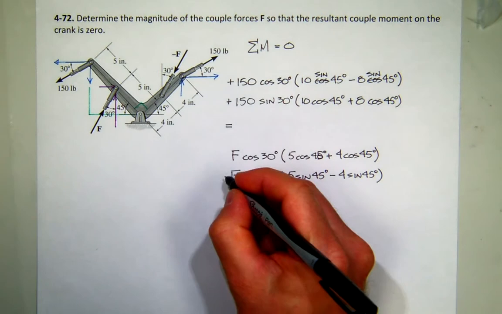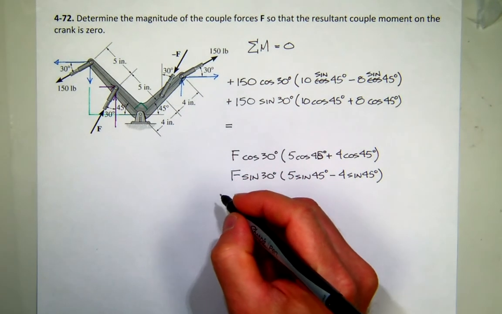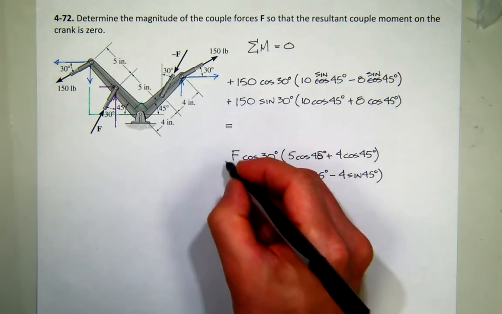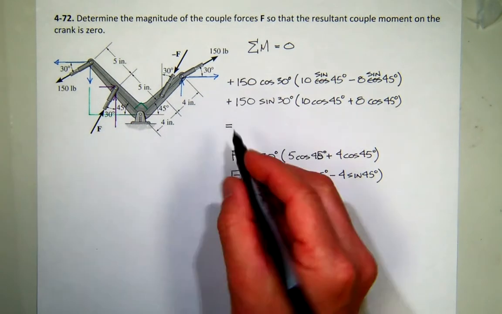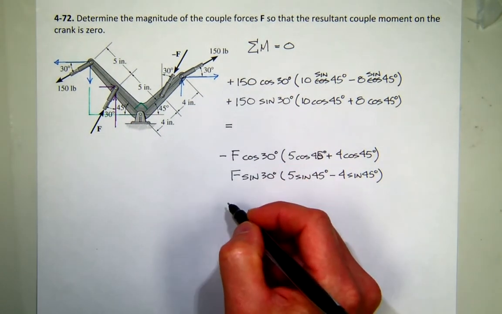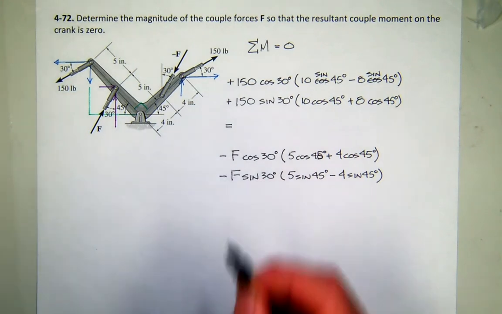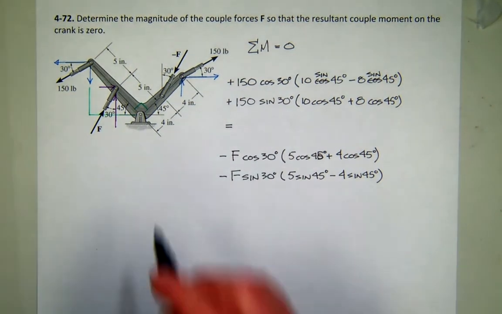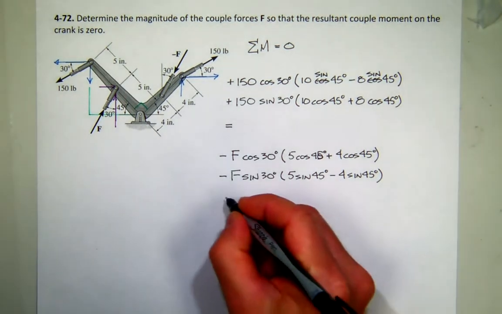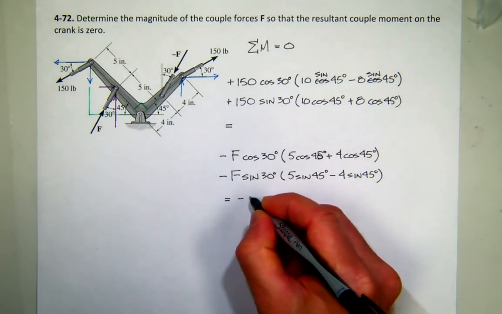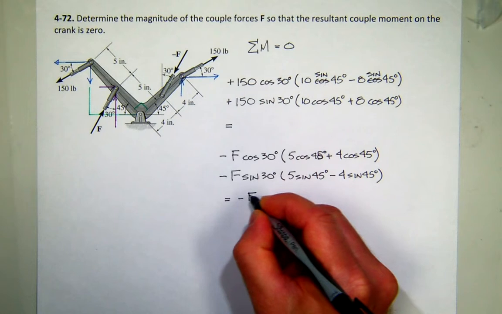Those are both negative; they're both creating clockwise rotation. So this should be equal to negative something times F, whatever all that is.